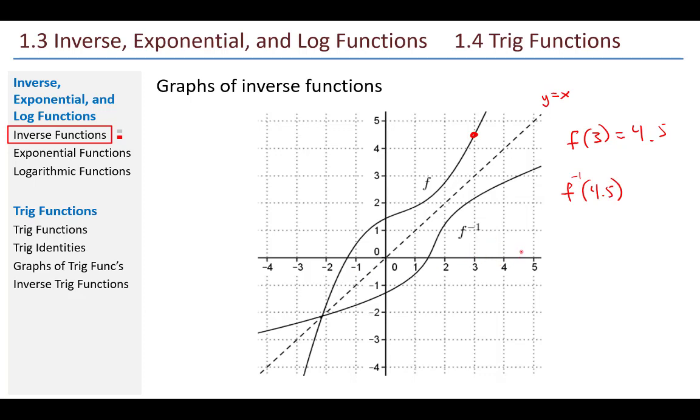So there's my 4.5, I go up, and the value is 3. It's this switching of the x's and y's that cause this reflection over the line y equals x.